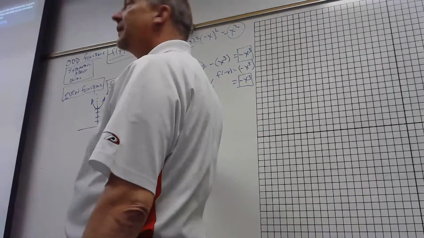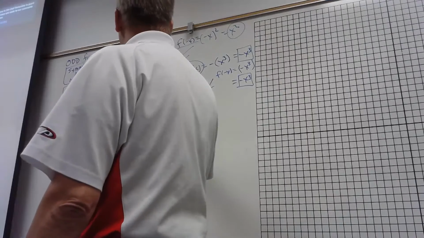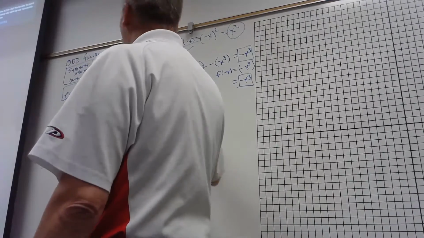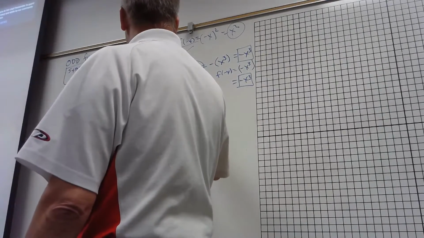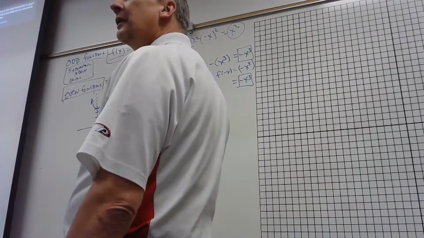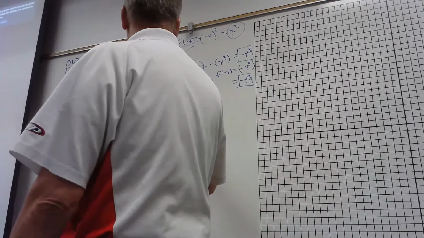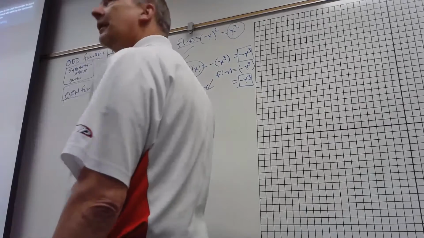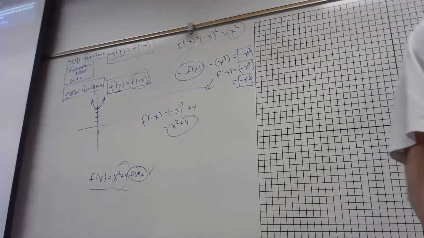I just need to find f of minus x of this function, which is negative x squared plus 4, and that equals x squared plus 4. Does that equal that? Yes, so therefore I was correct that it's an even function.